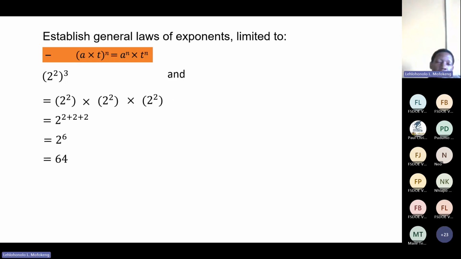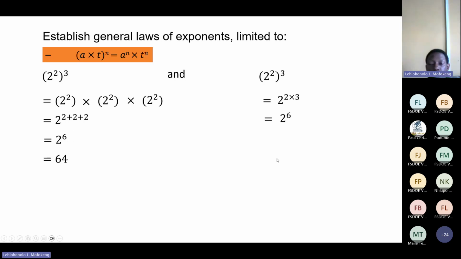Now, let's have a look at another method that we can apply. We are having 2 to exponent of 2 raised to exponent of 3. If we multiply 2 exponent 2 by 3, what is going to happen? We are going to have 2 to exponent of 6, which is similar to this side, whereby we had 2 to exponent of 6 after expanding.